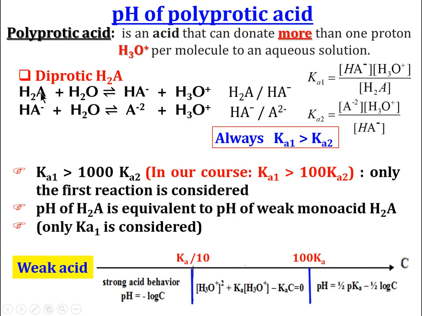If the initial concentration of H2A is greater than or equal to 100K, we apply the formula pH equal half pKa minus half log C, and pay attention to what value of Ka should be used, Ka1 or Ka2. We have to use Ka1 because we neglected the reaction 2, so pH equal half pKa1 minus half log C.